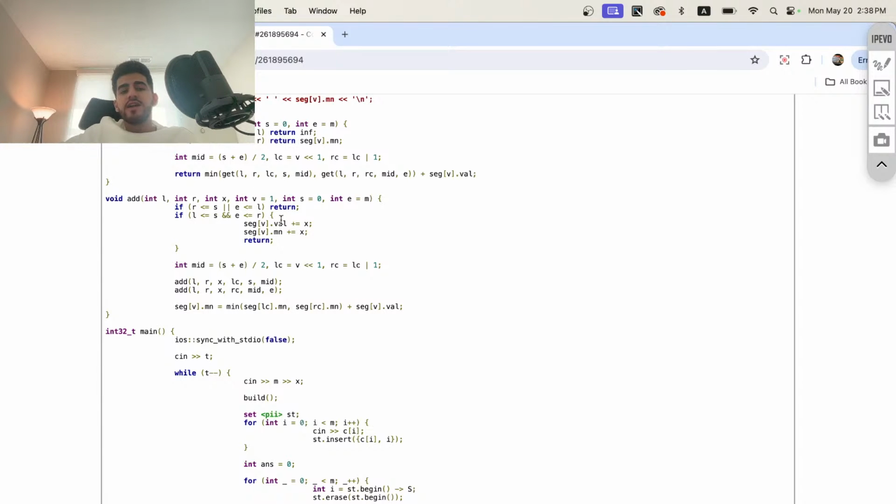So I just add the value to this node. I can also use lazy segment tree, but this is easier. I just save this value in the val of this node, and whenever I want to go back from this node, I add it to whatever I want.